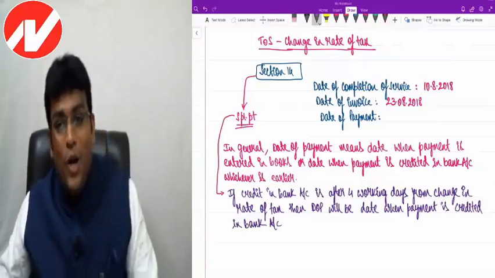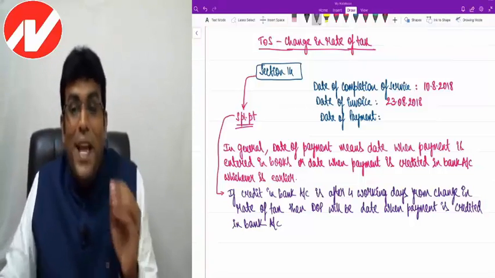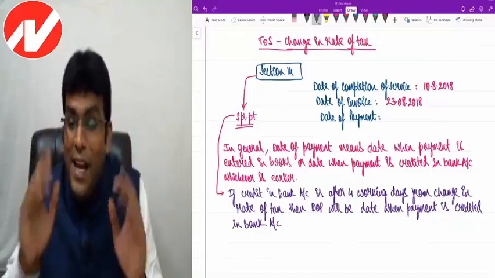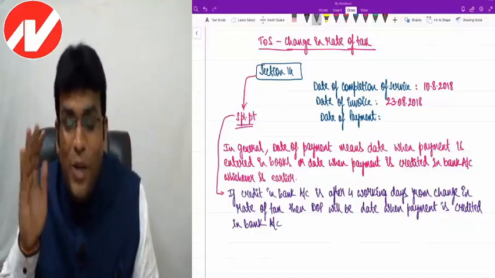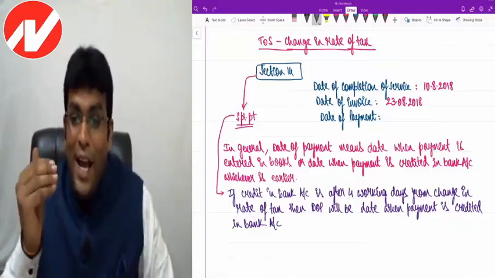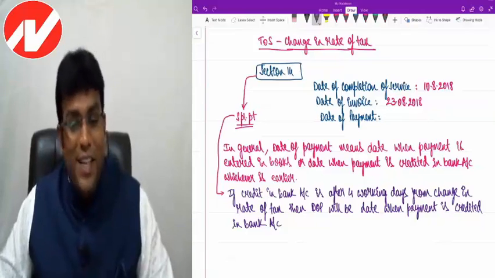Kindly please concentrate and focus. Generally, date of payment means date when payment is entered in the books, or date when payment is credited in the bank, whichever is earlier.